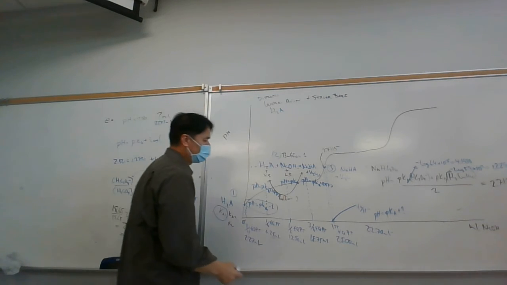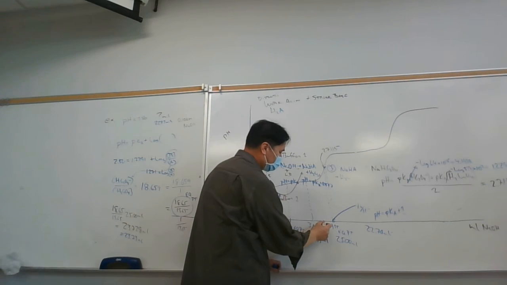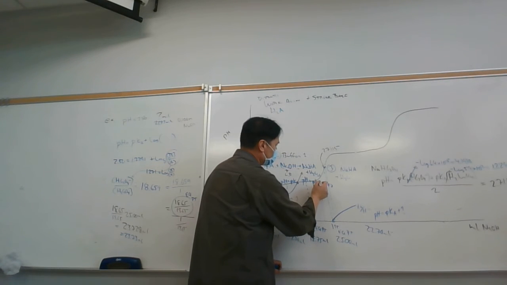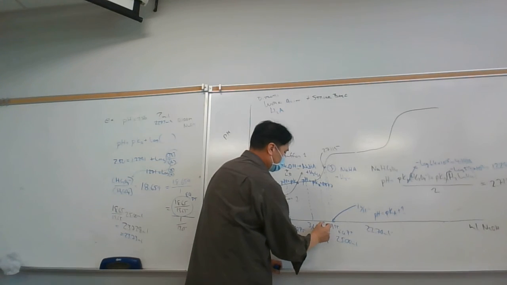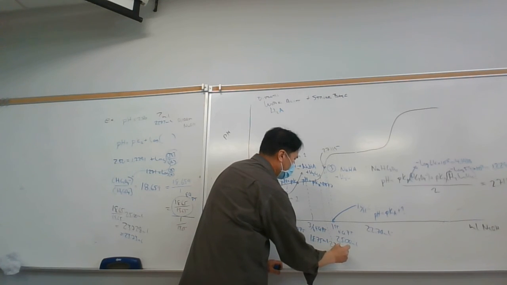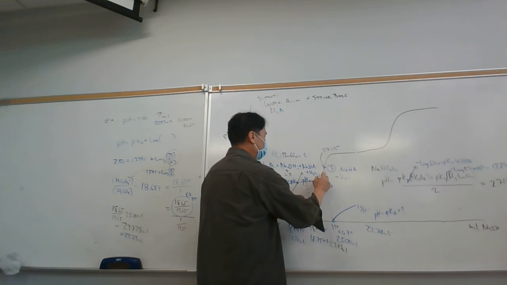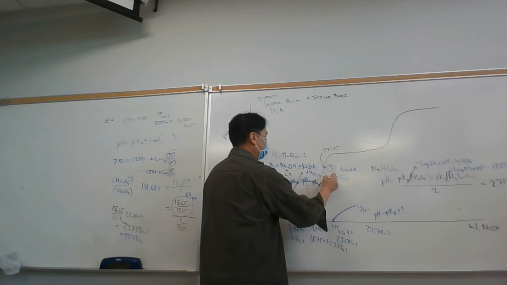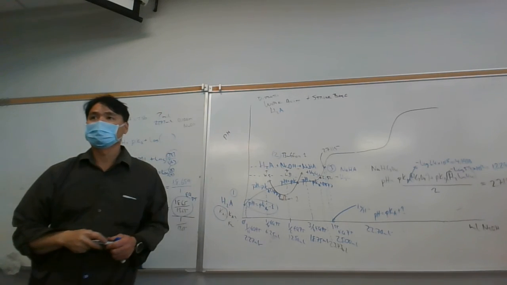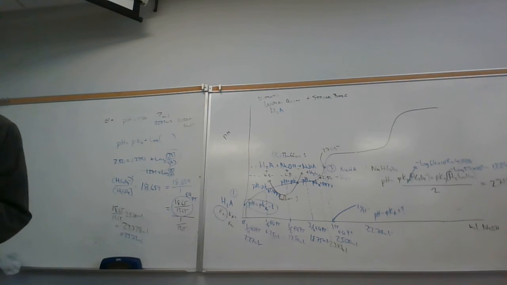In other words, if I get to 23.73 milliliters, the pH will hit 2.50 here. So that's what we did there. Does that make sense?